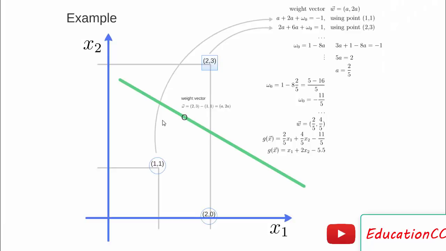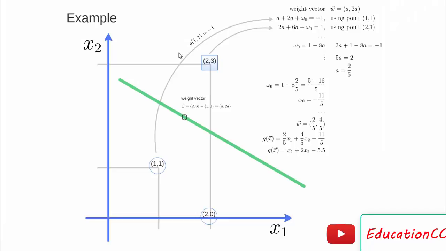Now we can solve this weight vector and create the hyperplane equations considering this weight vector. We must discover the value of this a here. Since we have this weight vector omega here, we can substitute the values of this point, and also using this point we can substitute these two values here.